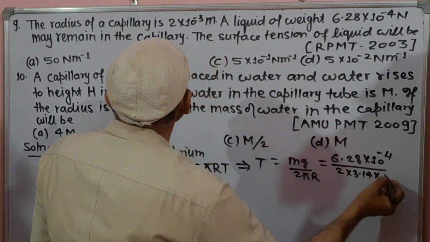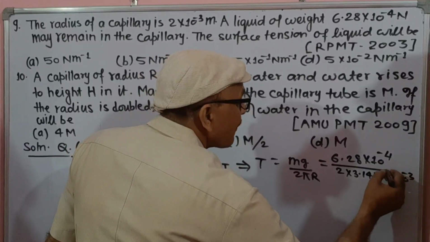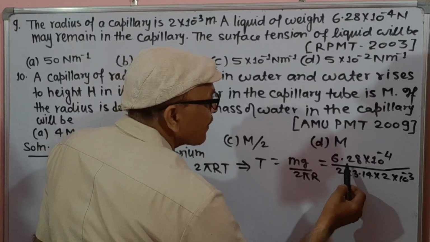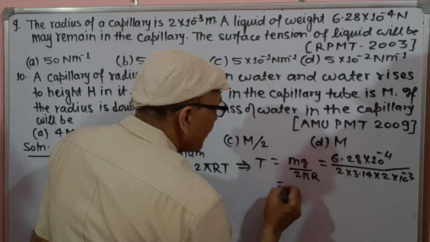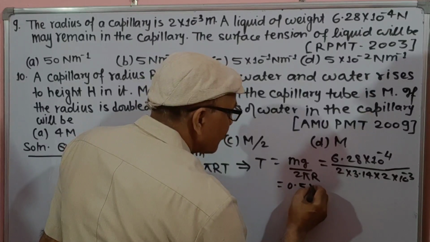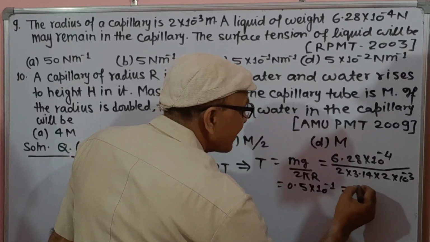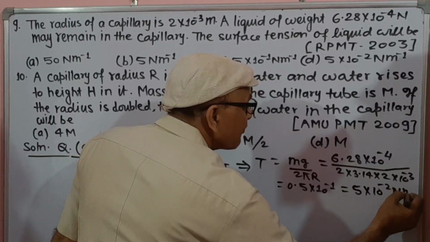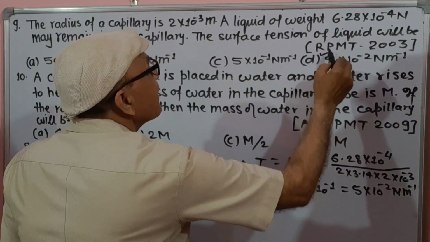R is given to be 2 into 10 to the minus 3. On simplification, it gives 0.5 into 10 to the minus 1, which may be written as 5 into 10 to the minus 2 Newton per meter. So, the correct option will be D.